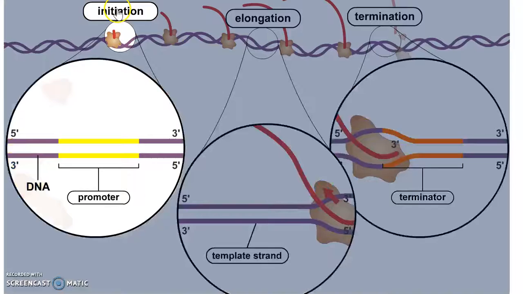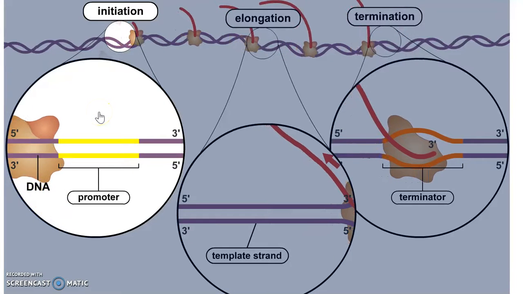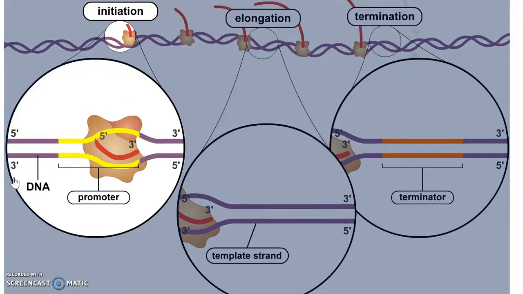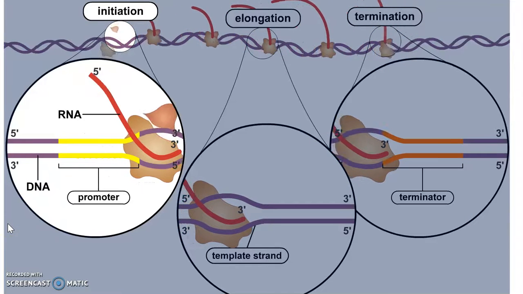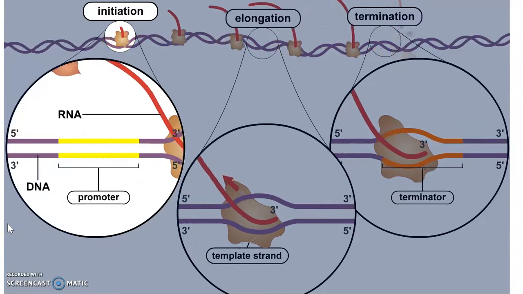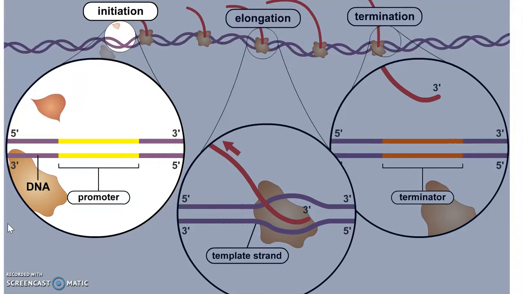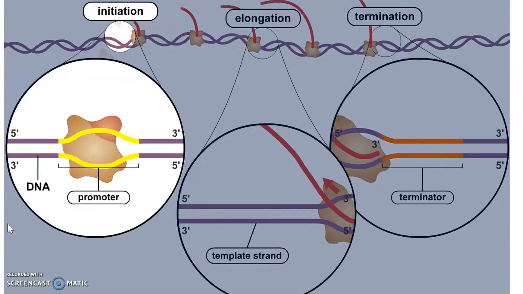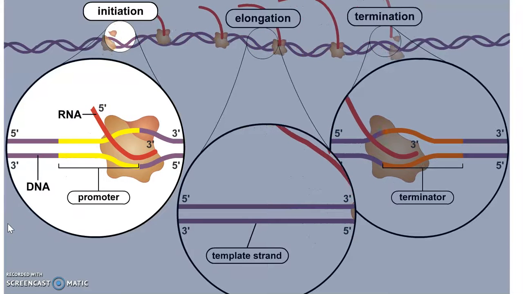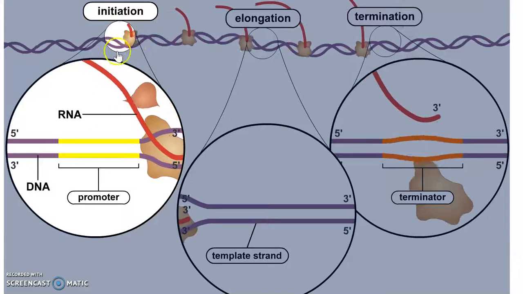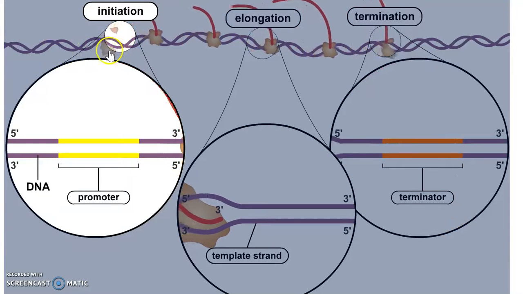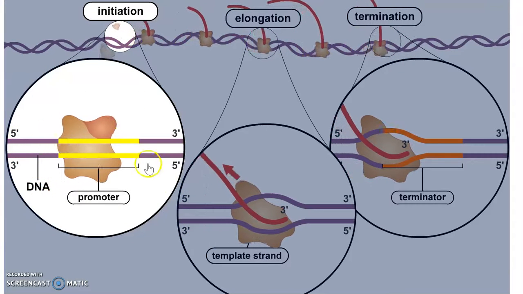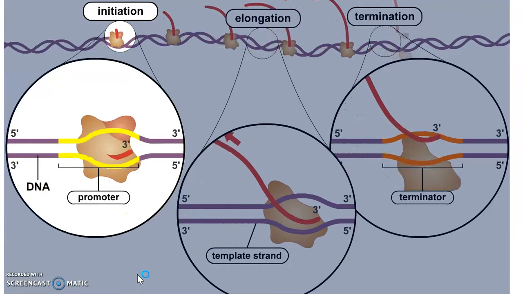And if we look at this first process over here, what's known as initiation, this is where an enzyme known as RNA polymerase, similar to what we saw for our DNA replication, but in this case the enzyme actually makes RNA polymers here. This enzyme's floating around in the cells, and it's going to bind to the DNA, and it runs into what's known as the promoter sequence. And this is basically the start site for transcription.